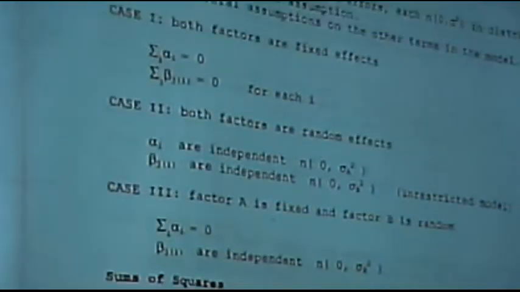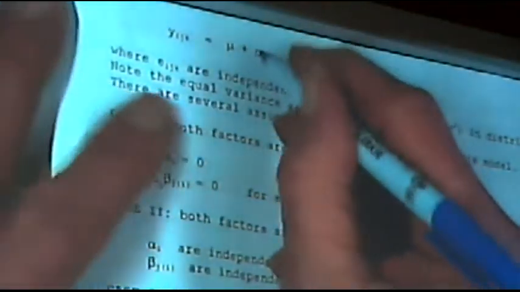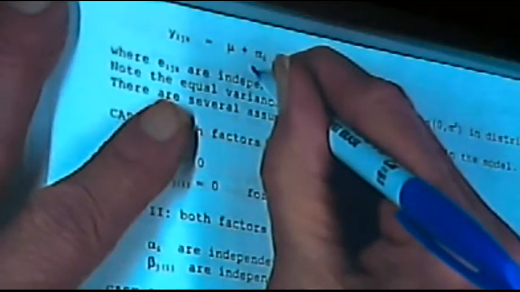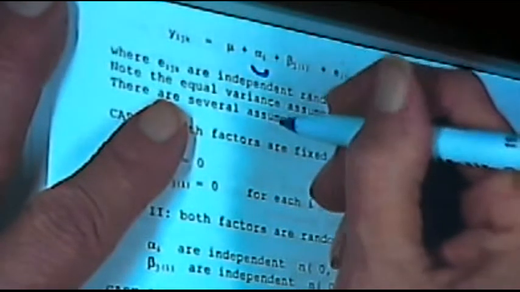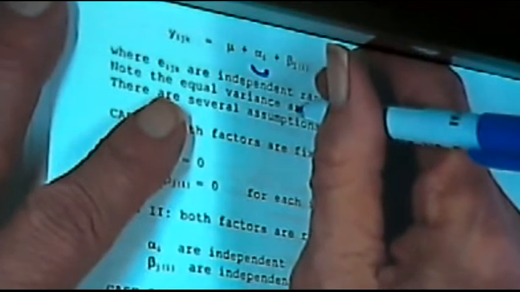It looks a little different to your eye than earlier models. We have Yijk is mu, an overall mean, plus alpha i, that's an A effect. And then we have a beta j, but we don't have beta j like we might have written before.